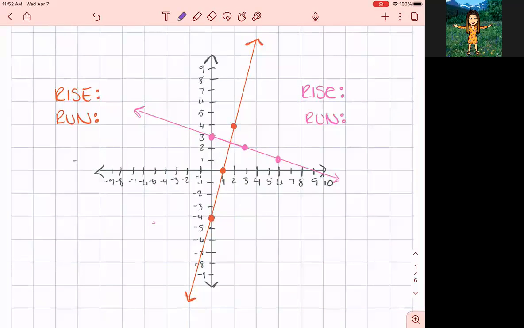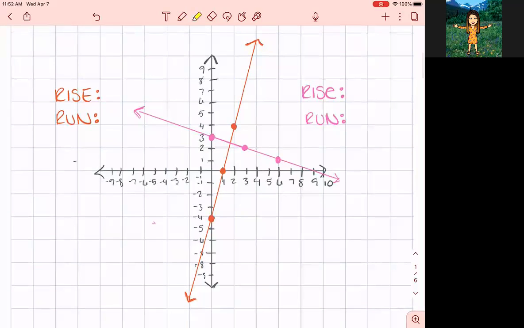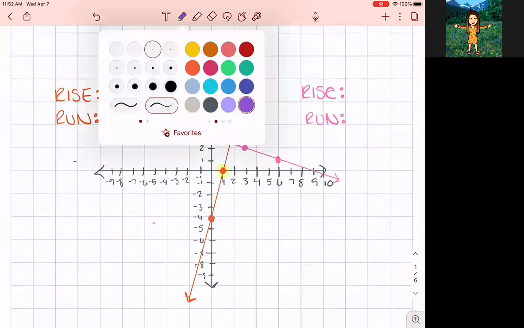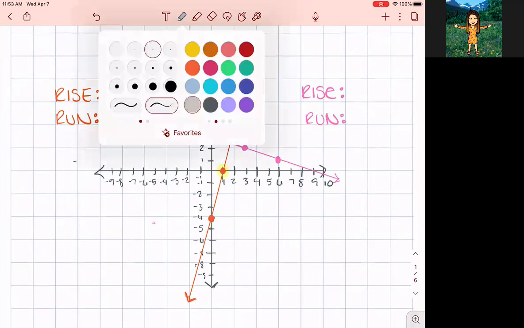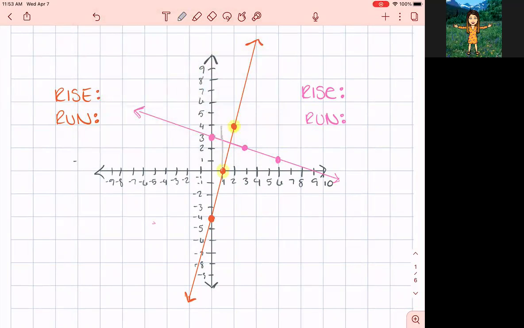Okay, so let's start with this orange-ish guy. I'm going to pick 2 dots. So I'm going to start with these 2 dots. Now the easiest way that we find that is rise first. So from one dot up to the next, we want to know how far up.